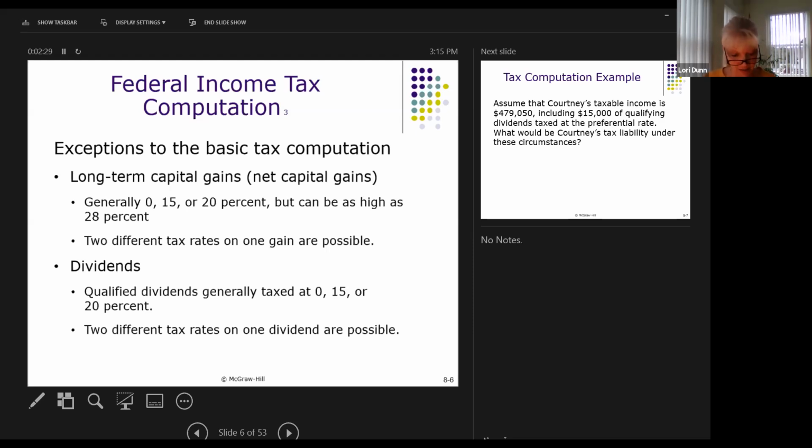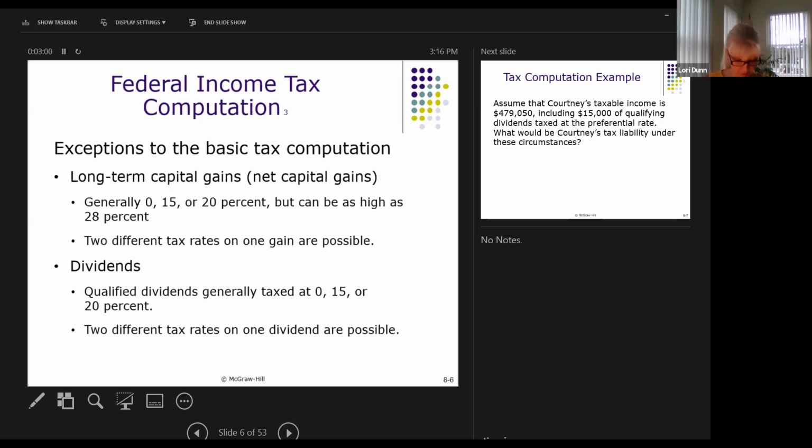And if you go back into chapter 7, in our capital gains area, page 7-10, this is where our preferential rates kick in at these various taxable income amounts.